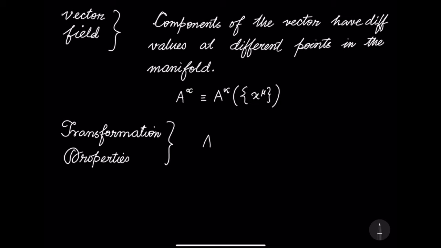Well, what we are doing here is we are asking for the same vector at the same point in the manifold, and that same point in a different coordinate system, which I denote by the prime here, so A alpha prime, will obviously be a function of x mu prime.